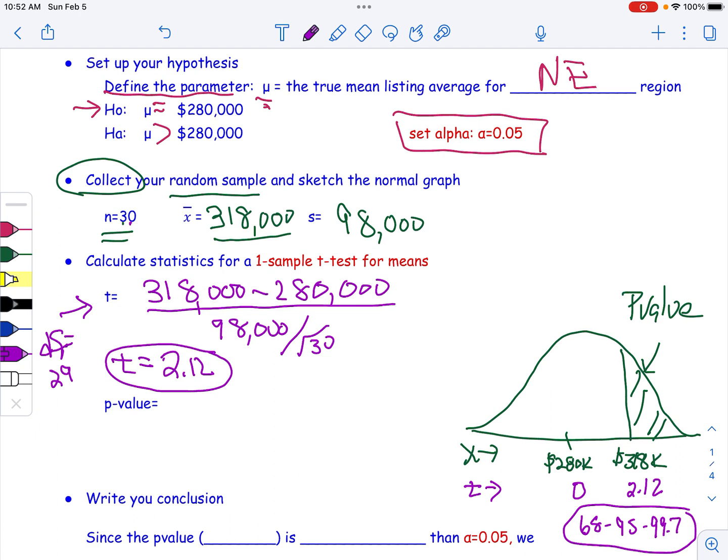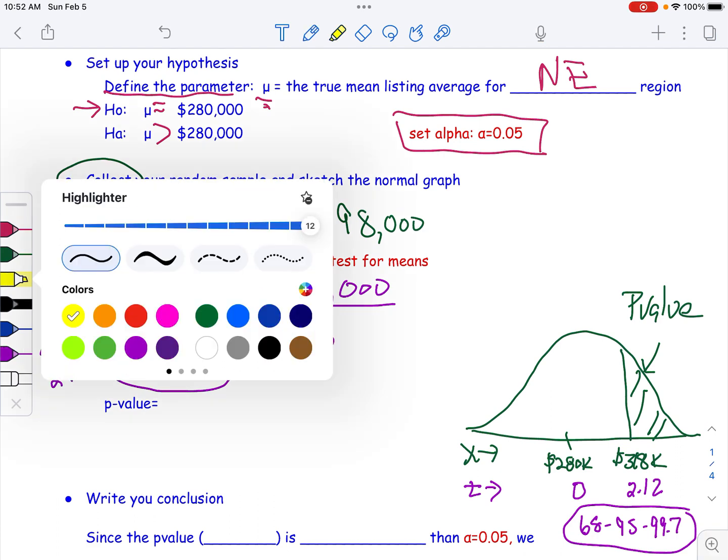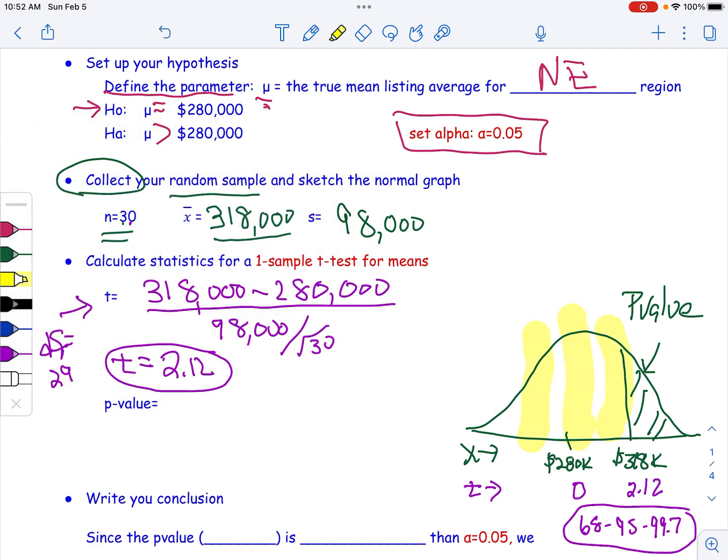Two standard deviations away, this middle here, is going to be 95% based on that rule.